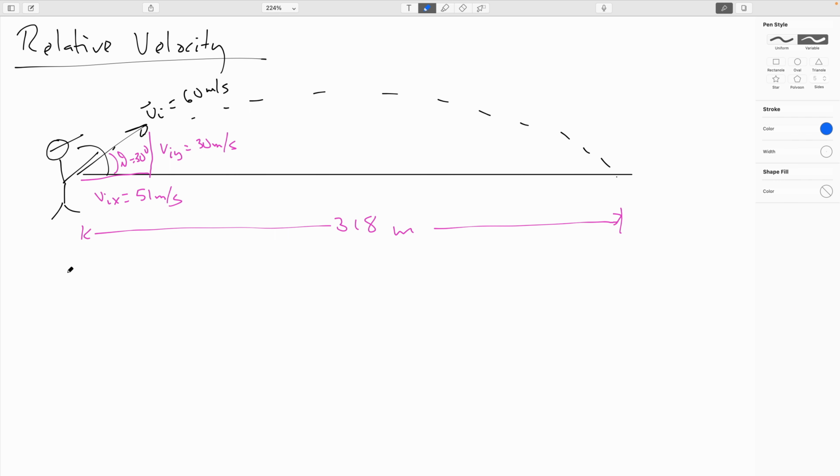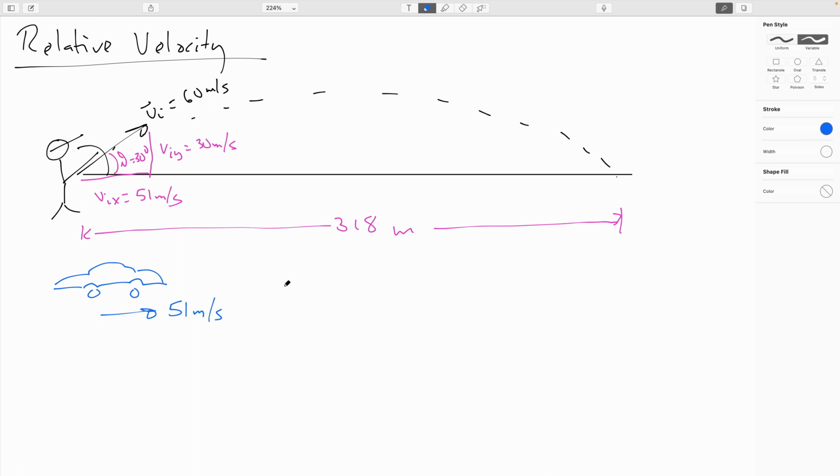Let's imagine that at the exact time that the archer shot the arrow, somebody in a very fast car was going down the road at exactly 51 meters per second, passing the archer and driving parallel to it. So that's a bit over 100 miles an hour, so plausible. And we'll assume it's a closed course and professional driver and all that.